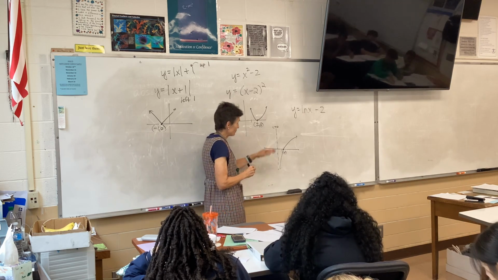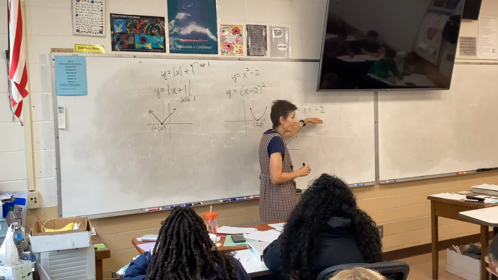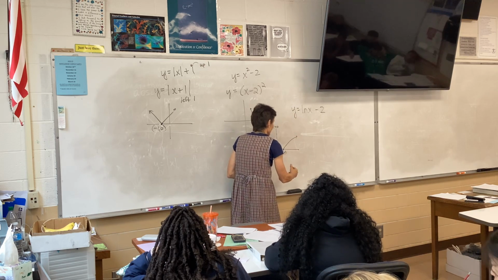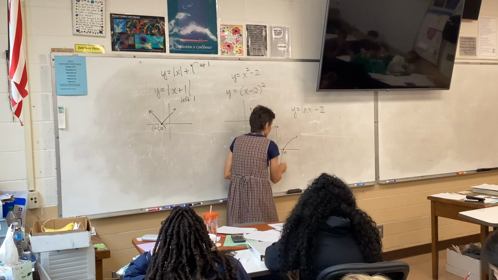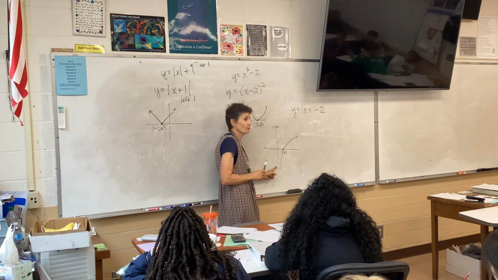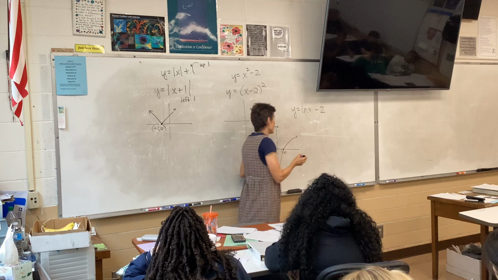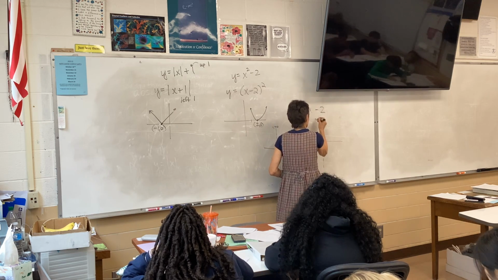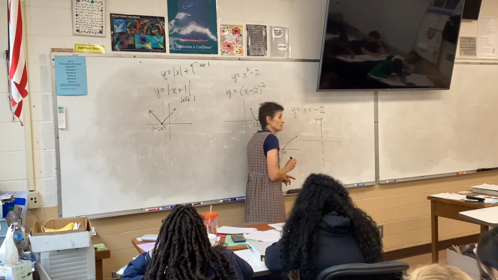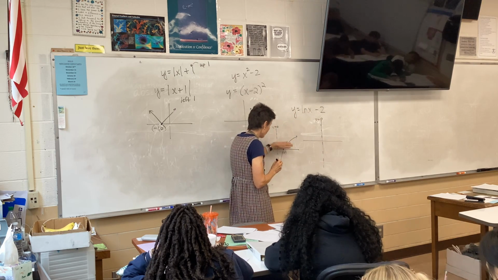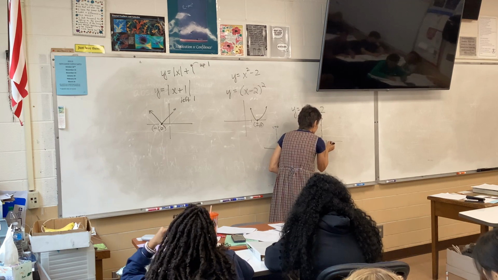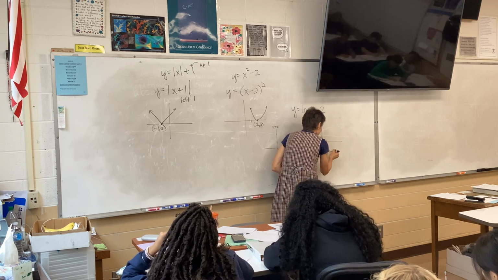Now, if you are moving this picture down 2, so pretend you cut it out and glue it down, are you changing this asymptote? No. That asymptote is still going to be right here where it was. We're going to take the whole picture and move it down. So this point, instead of being (1, 0), is now going to be (1, -2).